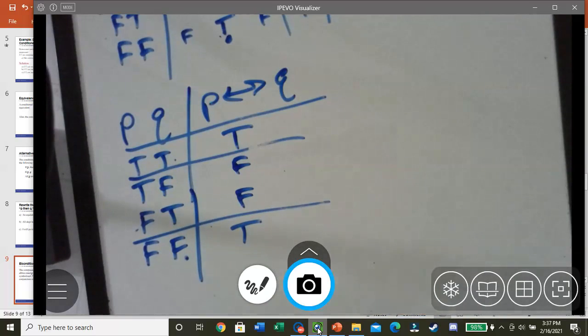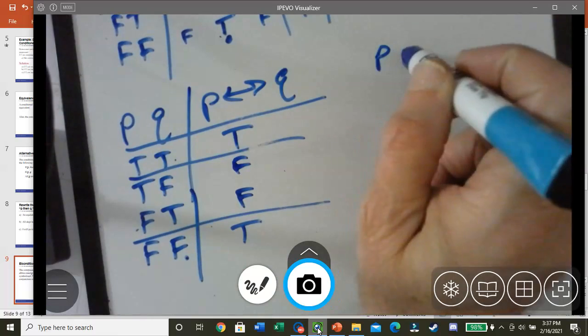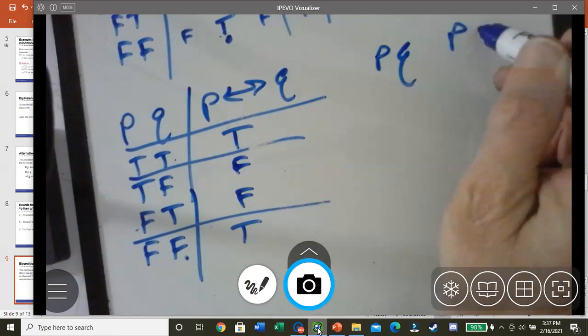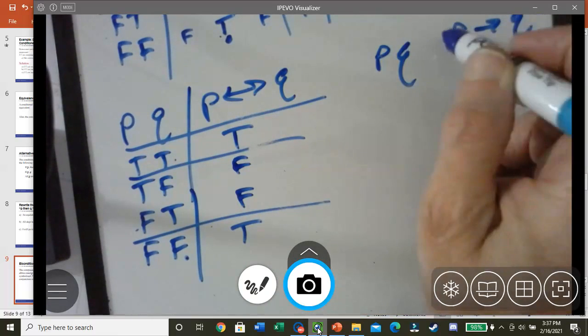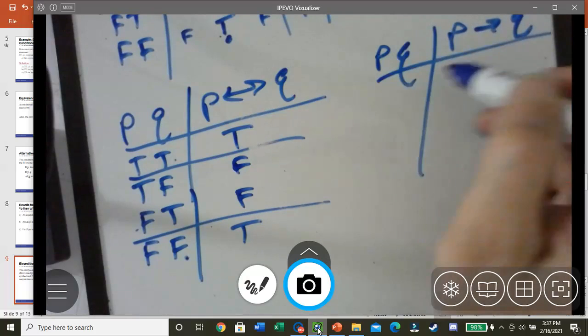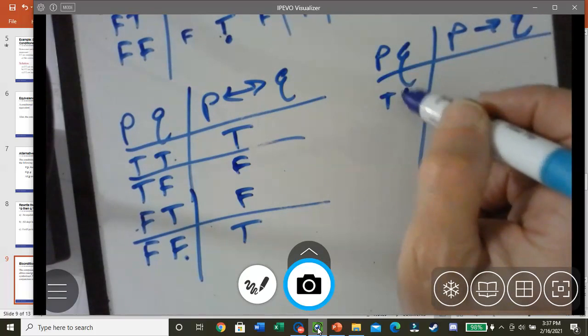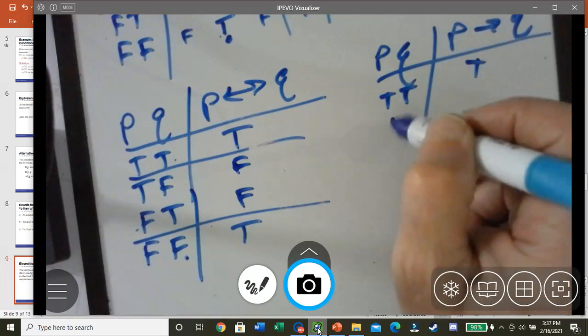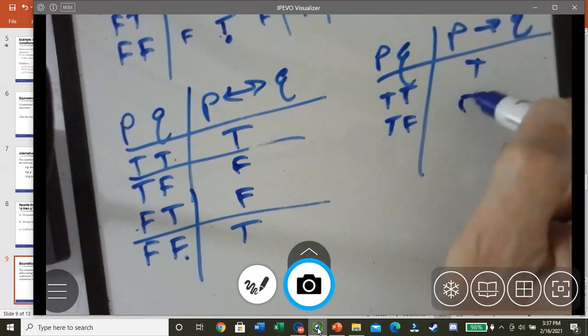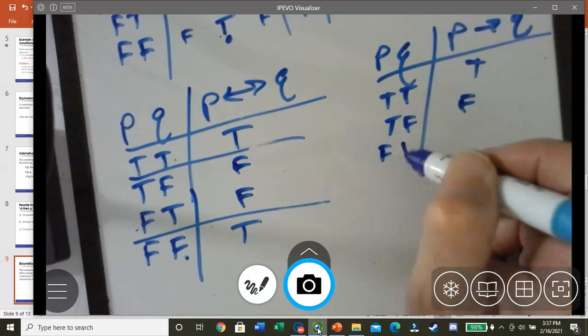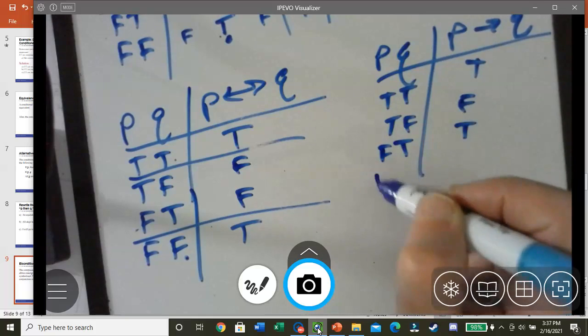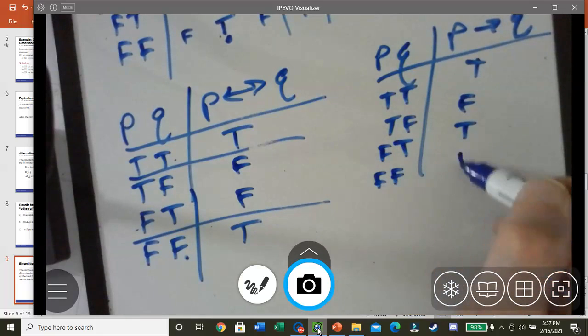Whereas with P, Q, with just a conditional statement, no double arrow, it's not biconditional. True, true is true. True, false is the only one that's false. False, true is true. False, false is true.